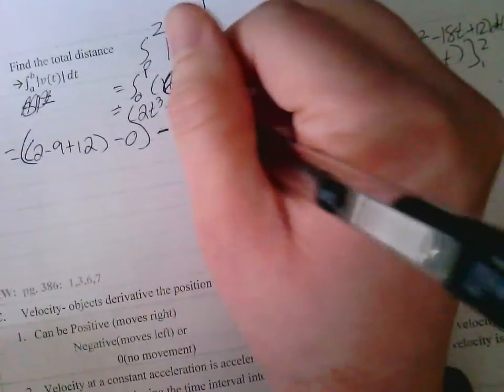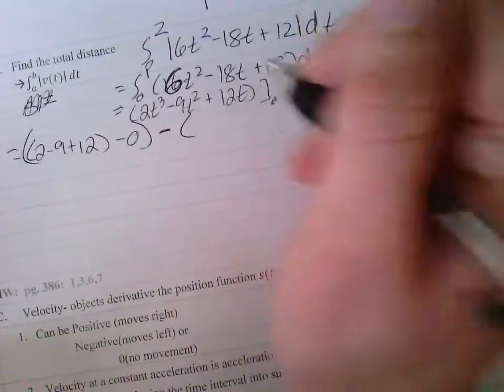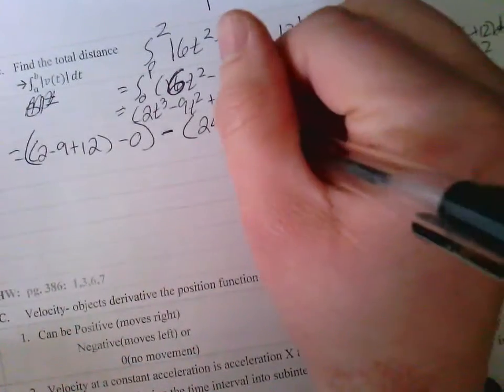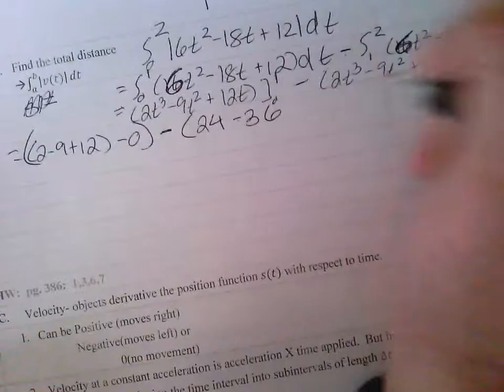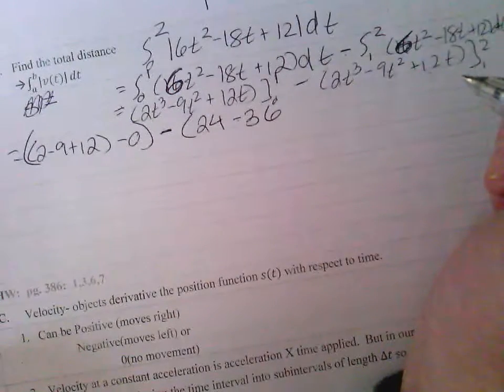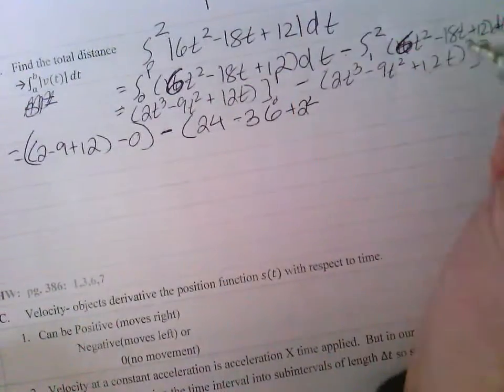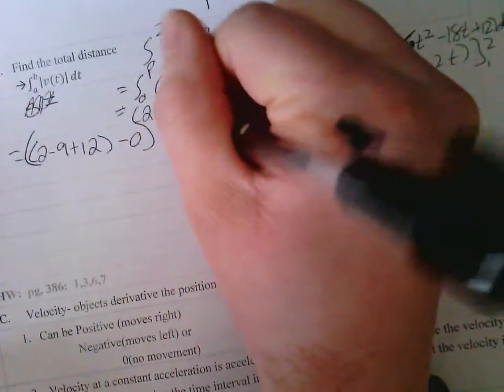So you're going to have 2 times 8 is 24. 9 times 4 is 36. 12 times 2 is 24. Wait, hold on. Sorry, 2 times 8 is 16, not 24. I don't know why I keep doing that.